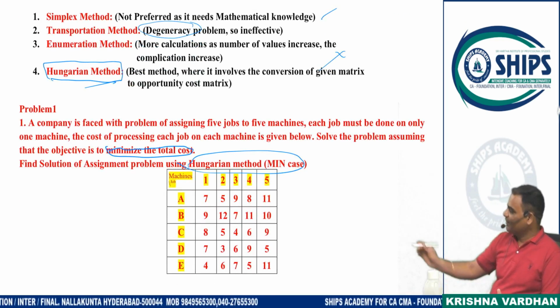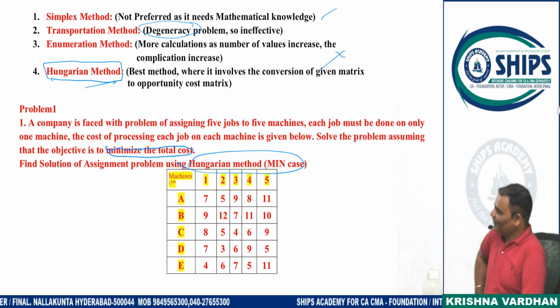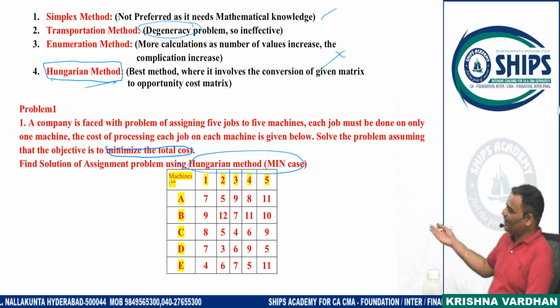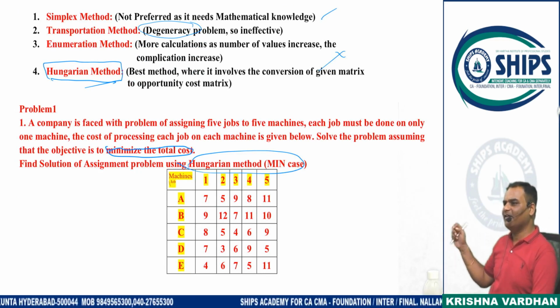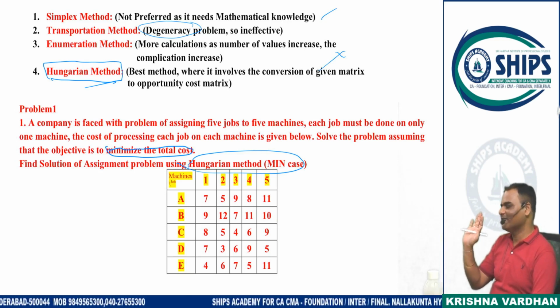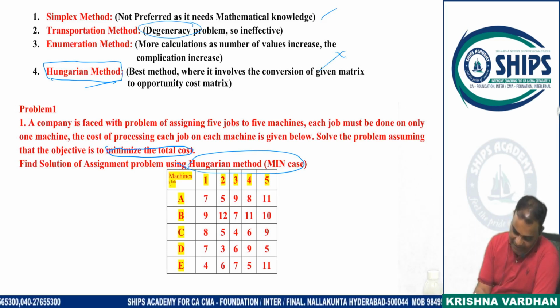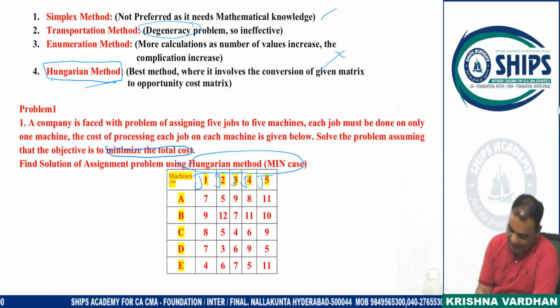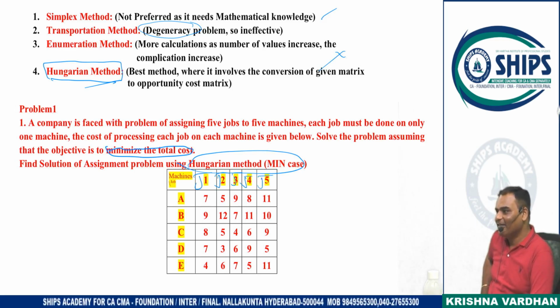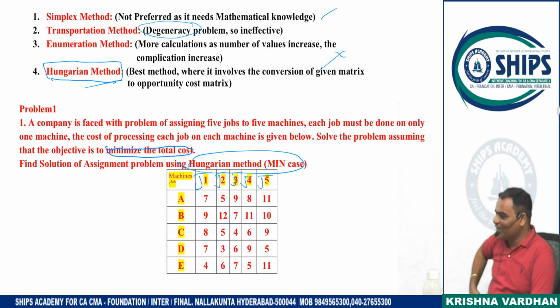So students, what do you understand by this question here? The company has a problem that there are 5 jobs and 5 machines. It has been given as a matrix. Machines are A, B, C, D, E, and let us say jobs are J1, J2, J3, J4, J5, and he has given the numbers. What does it mean?